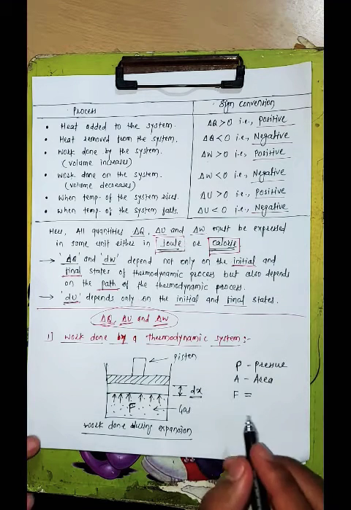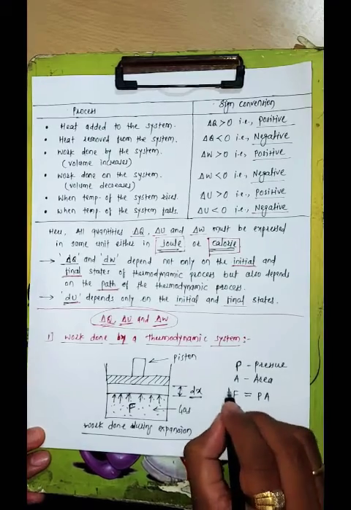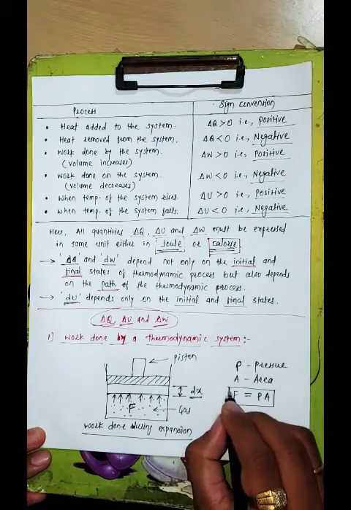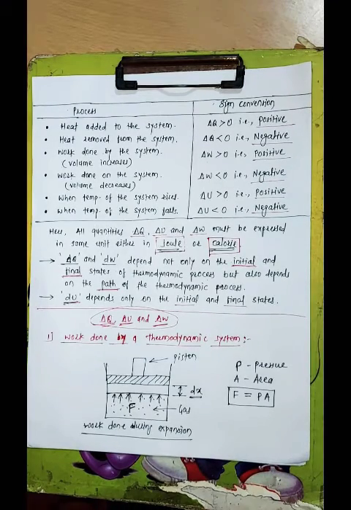So we have the basic relation as force is equal to pressure into area. Okay, so with the help of this particular equation we will explain that particular work done which will be done by the system.